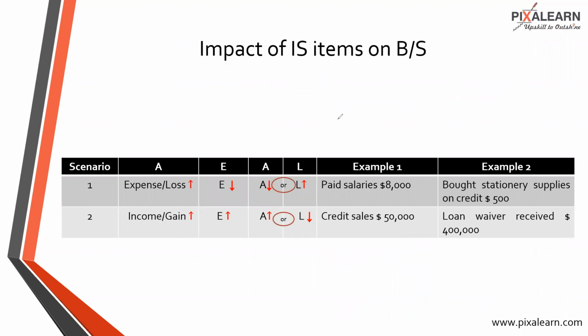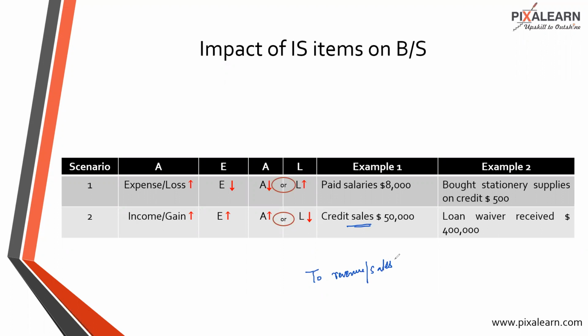Now, what if we're talking about incomes? Let's take the first case, where we have some credit sales. I am selling goods and I'm not collecting the money right away. If the sale is final, which we're going to read about when we talk about the revenue recognition standards, that means I have credited my revenue or sales, whatever you call it.